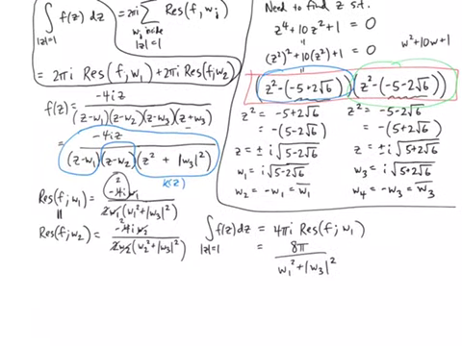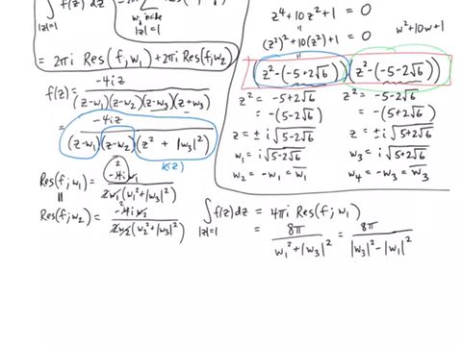Right. And we can simplify this a little bit. So 8 pi, so W1 times W1, well, W1 is negative W1 bar. So I can write this as norm W3 squared minus norm W1 squared.